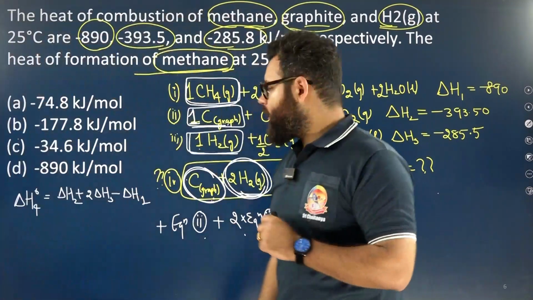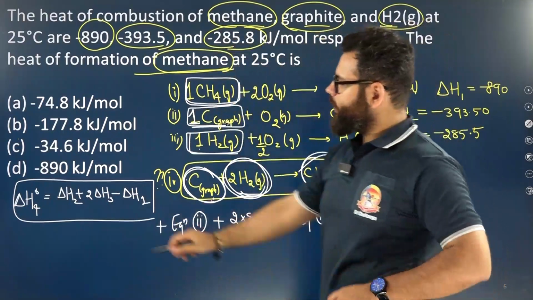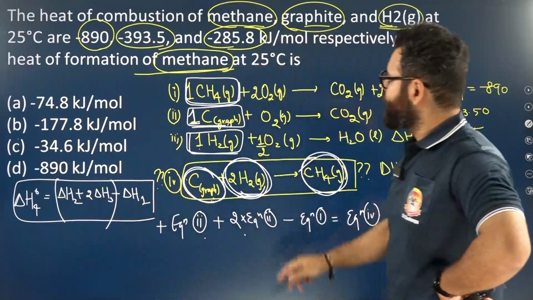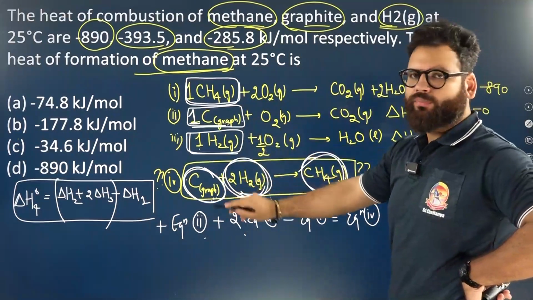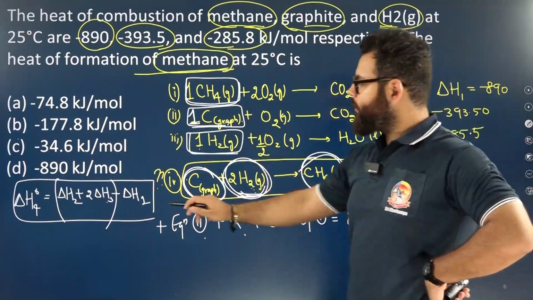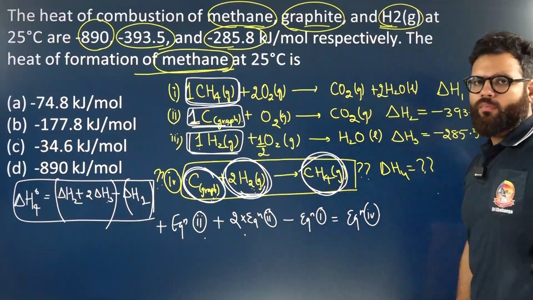Now what did the formula become? Can you see? Everybody. Is it not becoming 1 time graphite ka combustion, 2 time hydrogen ka combustion minus 1 time methane ka combustion? What did I say?